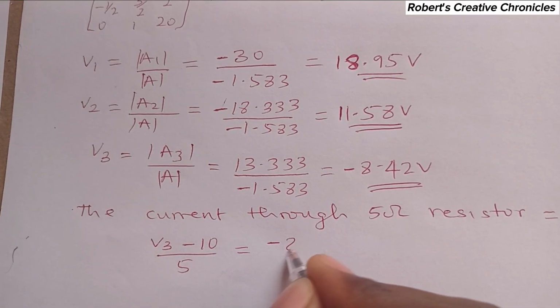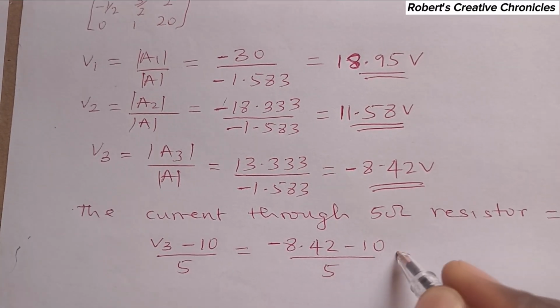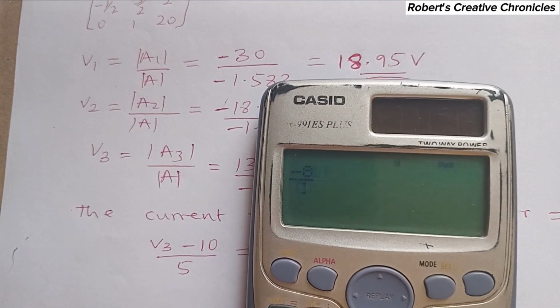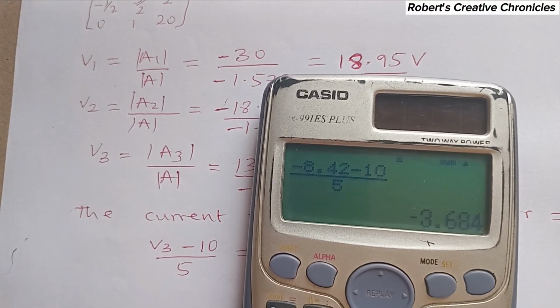V3 is negative 8.42, so negative 8.42 minus 10 over 5. So it becomes negative 3.684.